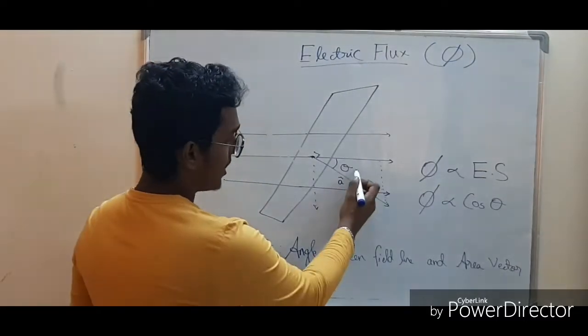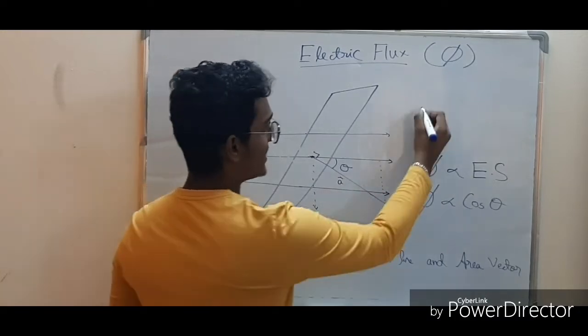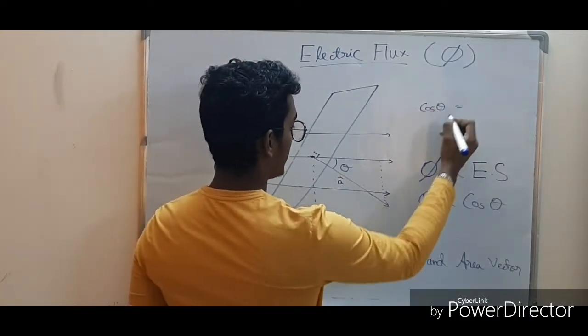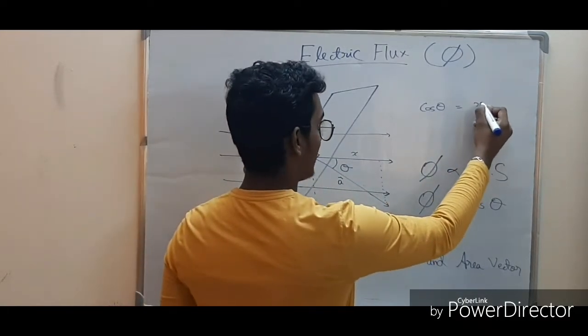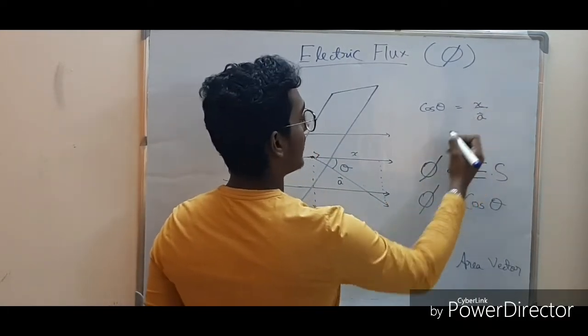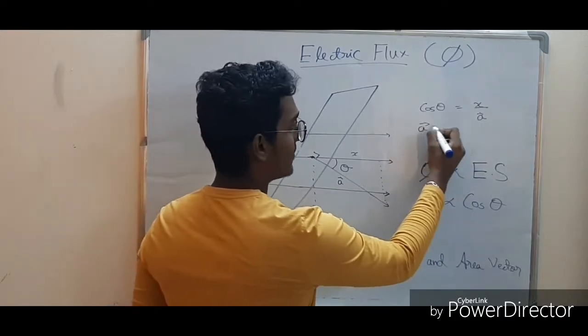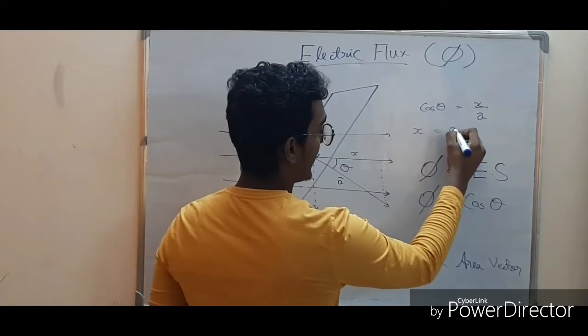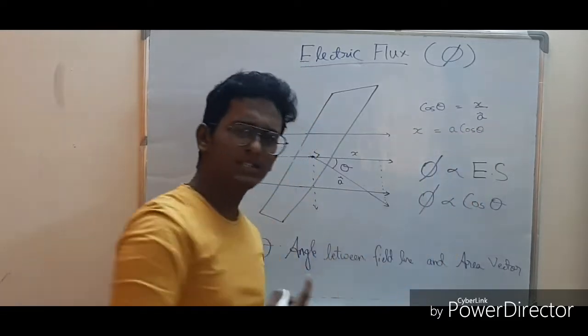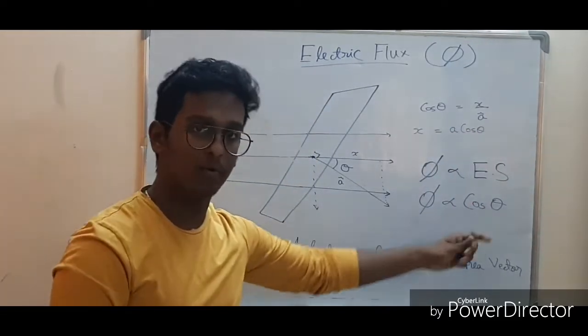So upon resolving this component, cos theta equals this vector which we require, quantity unknown, x by a. And you find x to become a cos theta, and the value of a is just 1. So you get the cos theta component.